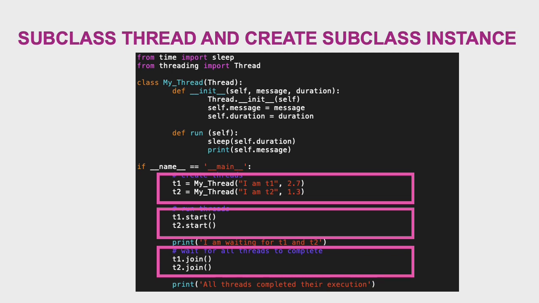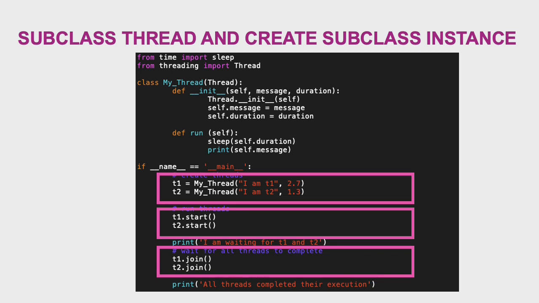And when it does so, it stops as long as T2 is still running. When T2 terminates the execution, okay, we can move on, and also the main thread can terminate. That's how it works.